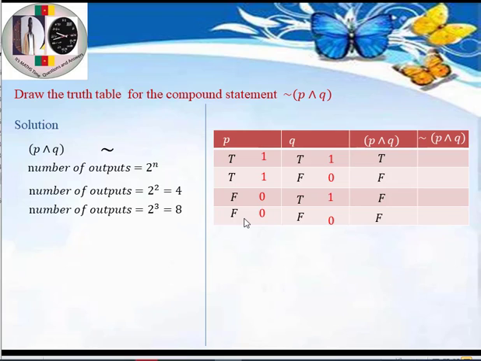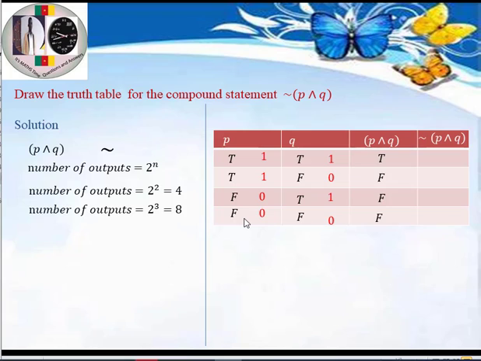Let's now see the negation of P and Q. So negation simply means what? We invert it. At times we call the negation an inverter. So if the input is true, then it will give us an output of false, and if the input is false, it will give us an output of true.